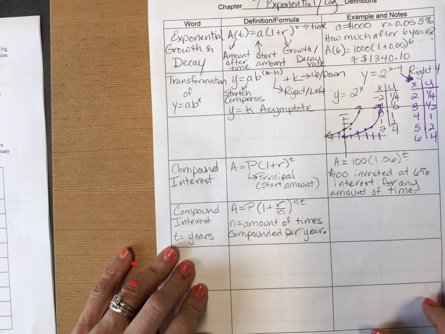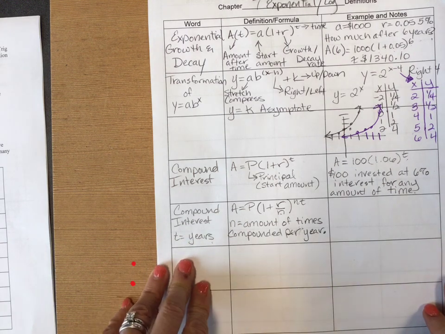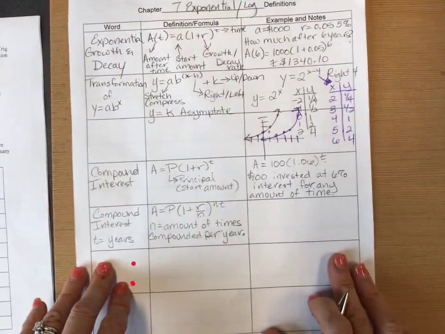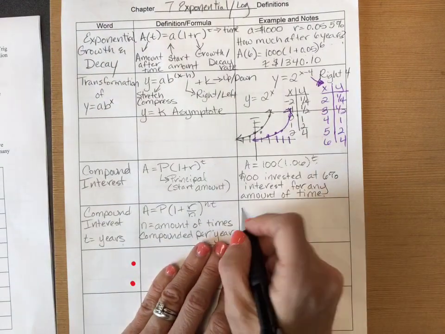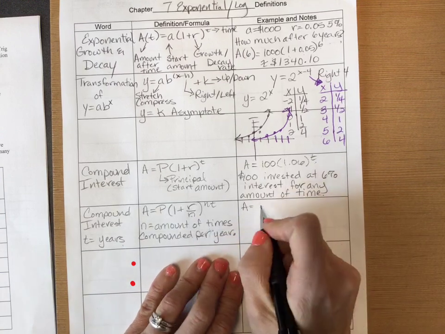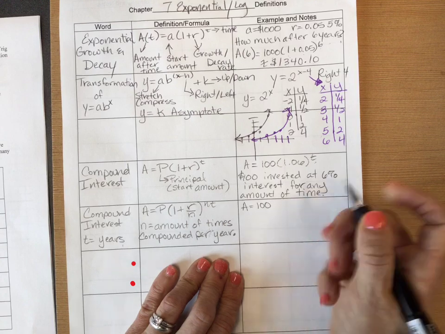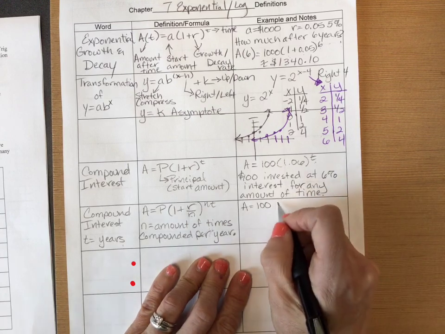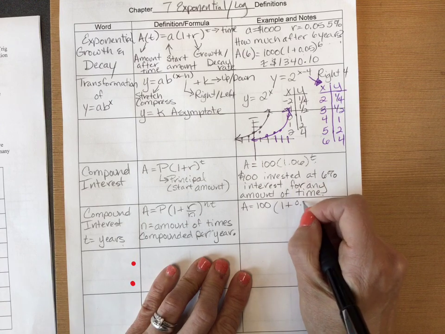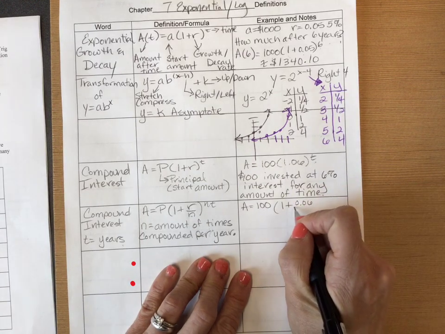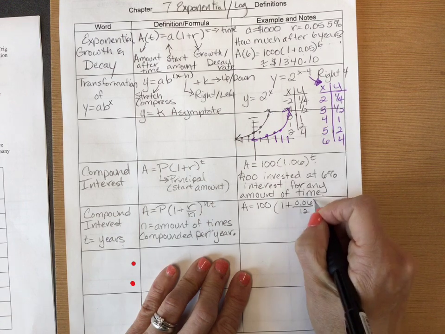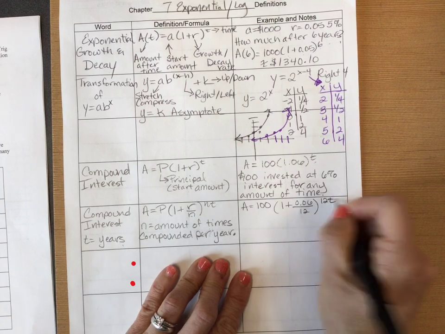And we're going to look at what an example of that would look like. So I'm going to write an equation and then I'm going to give you what it means. So it's really similar to our one before. When we're trying to find an amount of money, I start with $100. And then I have 1 plus 0.06, that's just 6% in decimals, divided by 12, all to the 12t.